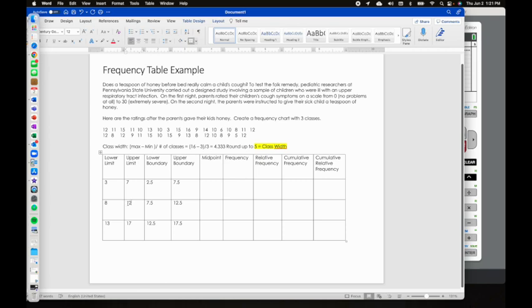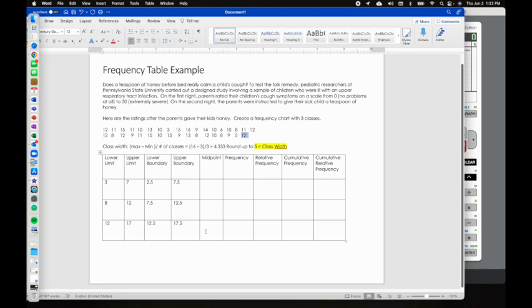If I close the gap here and I write this 12 here and I make this 12 here instead, what's going to happen is when I go to count my frequencies, if I go to count and see how many 12s there are, there's 1, 2, 3, 4, 5, 6 12s if I counted correctly.